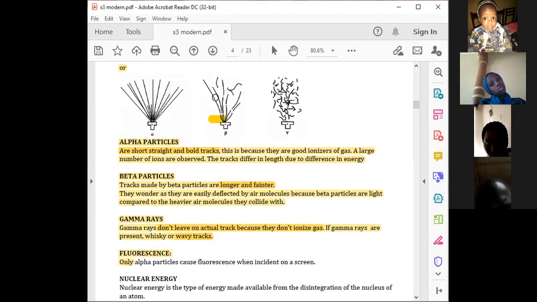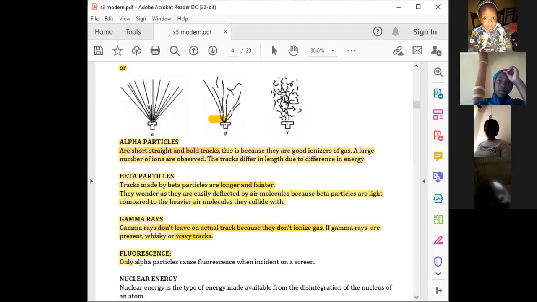The beta tracks this side look faint, but these are bold. That is the distinction. Then these ones are longer than this. If these are short, you can say in simple English these are taller, but that does not make sense, so let's say they are longer.